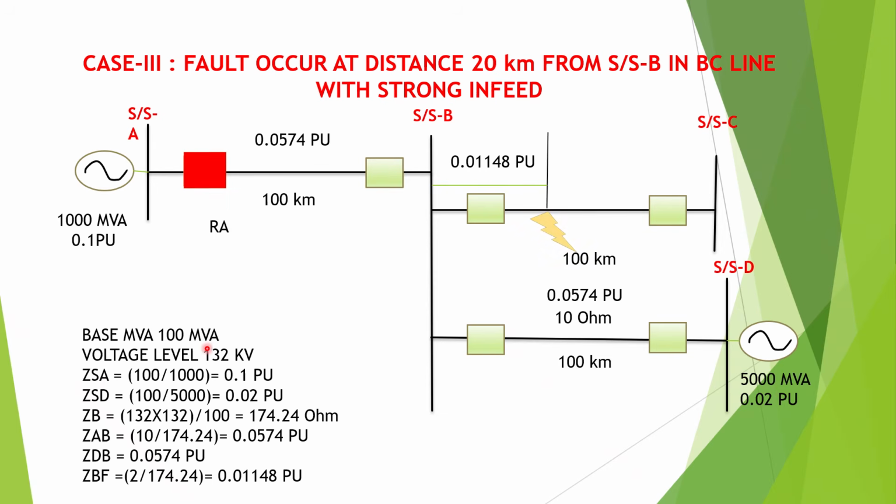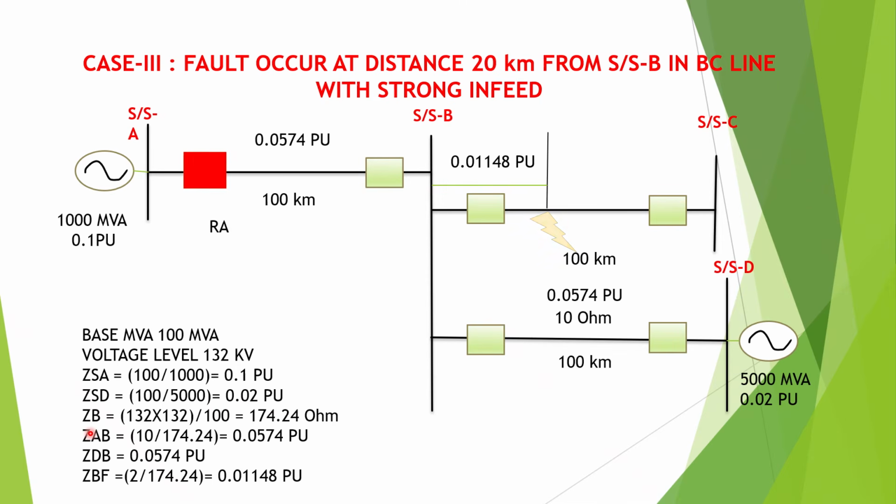Since the base MVA is 100 MVA and the voltage level is 132 kV, ZSA, that is the source impedance of substation A, will be the same, that is 0.1 per unit. Now ZSD will be changed here. It will be the base MVA divided by fault MVA, which comes as 0.02 per unit.